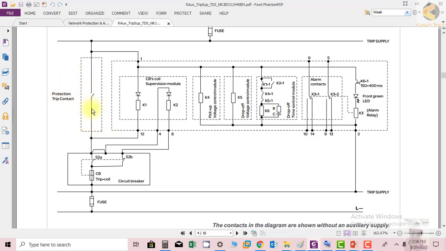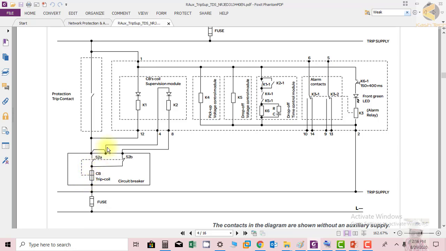This is coming from the relay. When the relay gives a tripping command, this contact will close. Solid positive will travel through this contact because the breaker is closed, through 52A, which is a normally open contact which follows the CB status. It will trip the breaker. This trip coil will be energized, then it will trip the breaker.